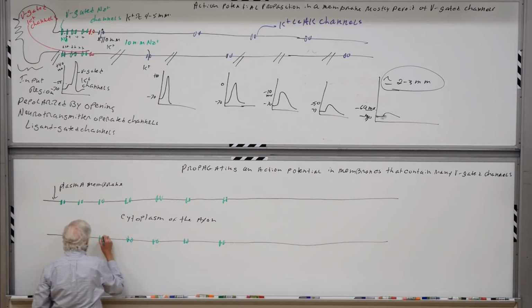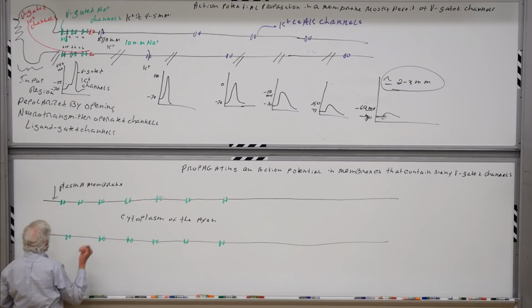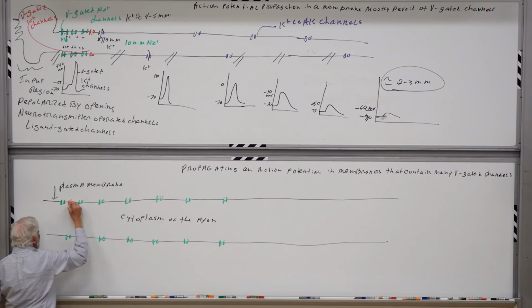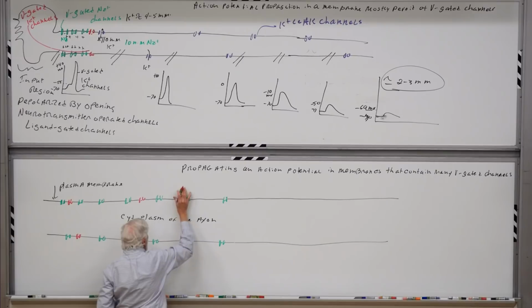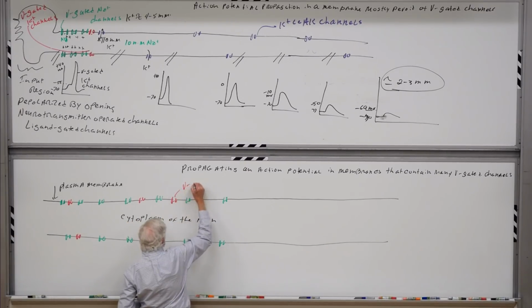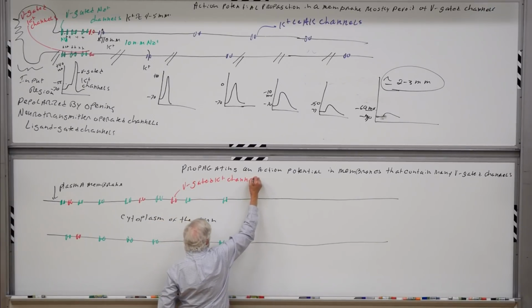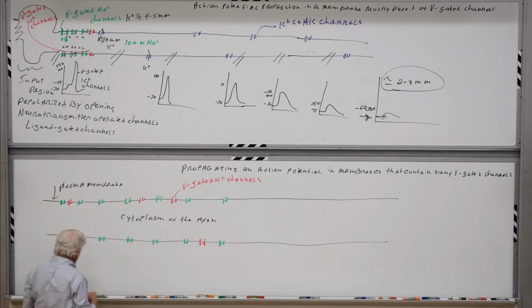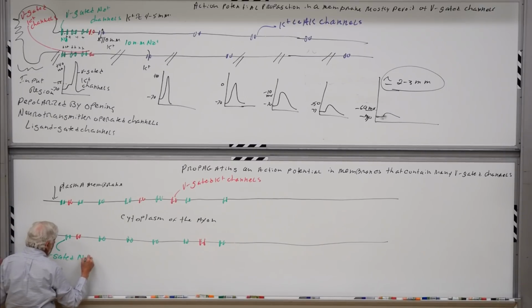Now, the green voltage-gated sodium channels will be accompanied by their counterparts, the voltage-gated potassium channels. I won't draw all these in, but recognize that there will be the counterparts all along here. These will be the delayed rectifiers that we talked about yesterday. The green structures are meant to be the voltage-gated sodium channels.